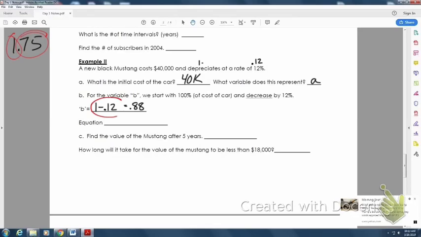You've got to have this in your mind right here. People struggle telling me that 0.88 is a 12% decrease. It is not an 88% decrease. So you've got to really be careful, especially on the decay. So your equation is 40,000 times 0.88 to the power of x.